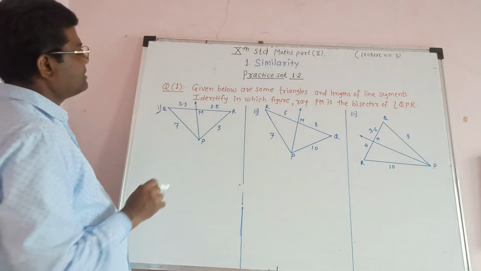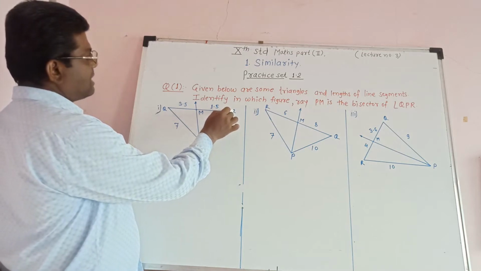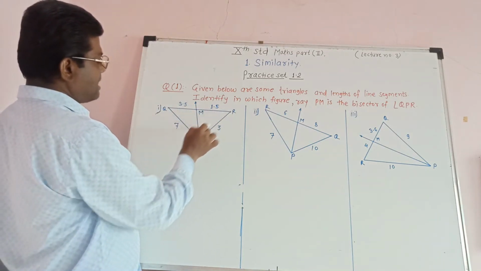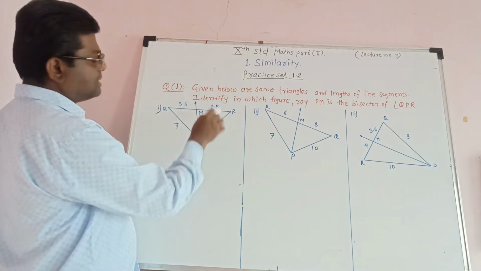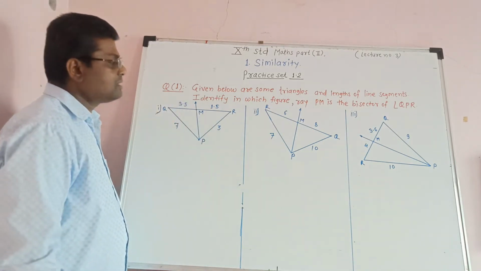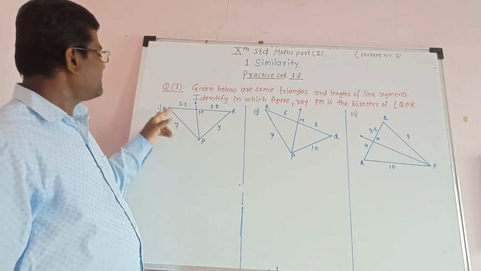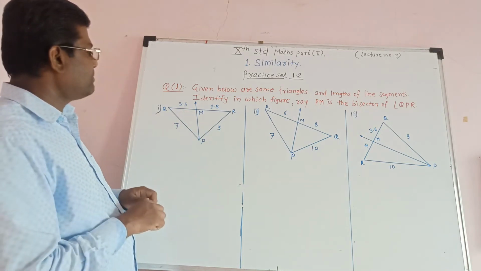We can take the ratio from point R also, RM upon MQ, and then RP upon PQ. If these two ratios are equal, then the ray PM is the angle bisector of the angle QPR.